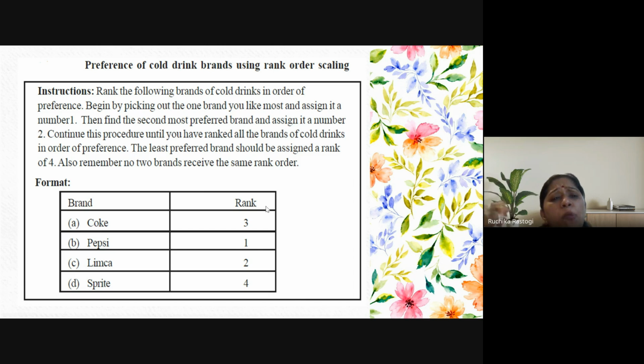Or it could be the opposite also. Sometimes people give the least preference the rank of 4 and the most preferred the rank of 1. So you have to mention all these things in your questionnaire when you give it to the respondent, and see in a pilot survey whether people are liking it or not.